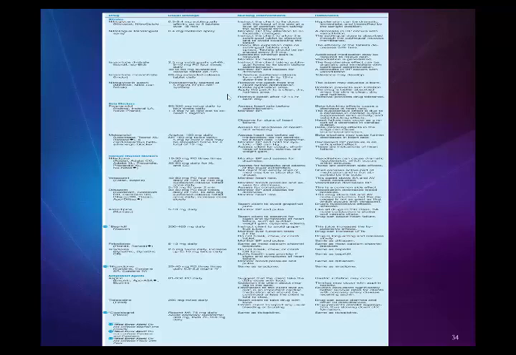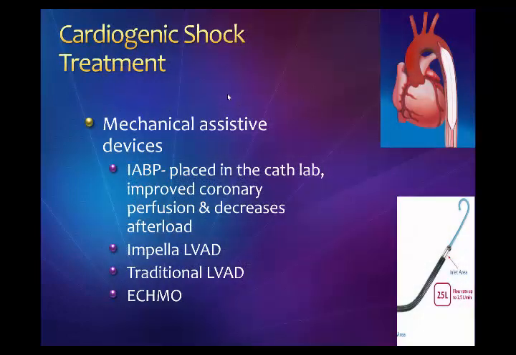And then here are just some common drugs used for a patient with a cardiovascular problem, such as heart failure, cardiac tamponade, or cardiogenic shock. Okay, so I already talked about these devices, but these are some of the devices that can be used, and they include the intra-aortic balloon pump.